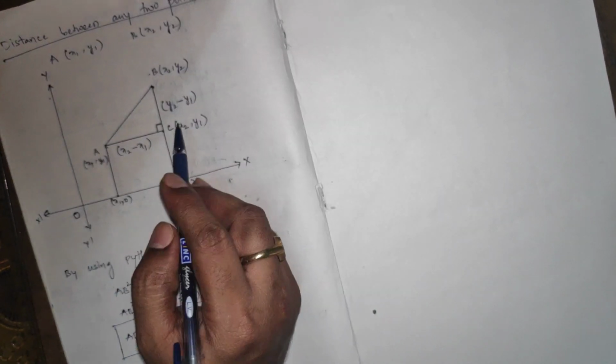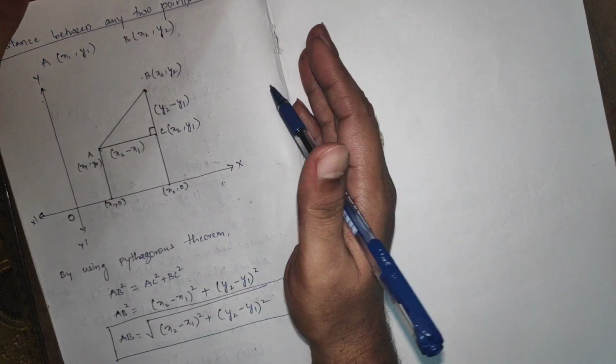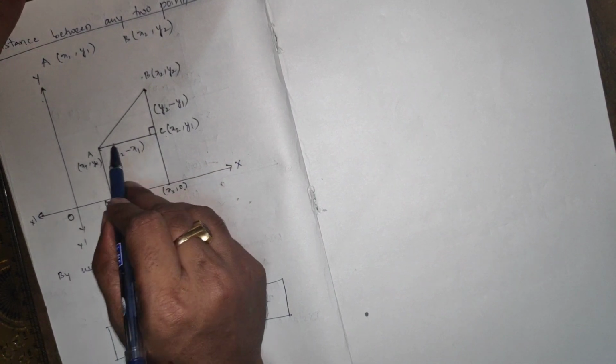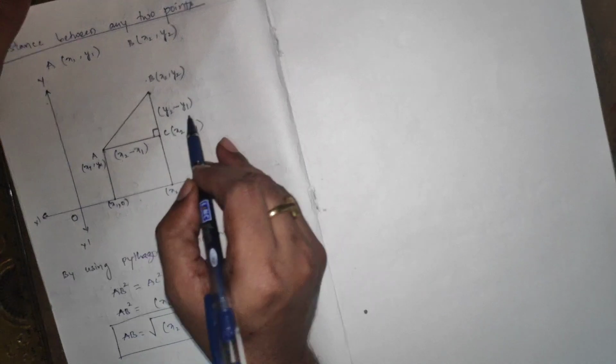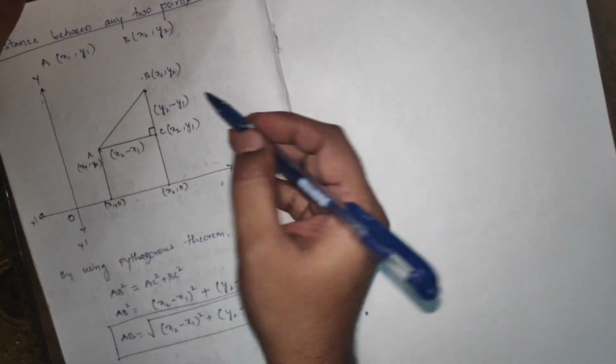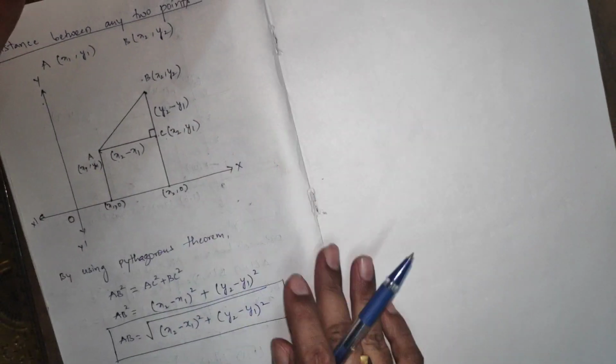Now the distance between AC, as y coordinates are equal, we need to use the formula modulus of x2 minus x1. Therefore x2 minus x1 is the distance between AC, and the distance between BC is given by the formula modulus of y2 minus y1 as x coordinates are equal. Therefore the distance between BC is y2 minus y1.